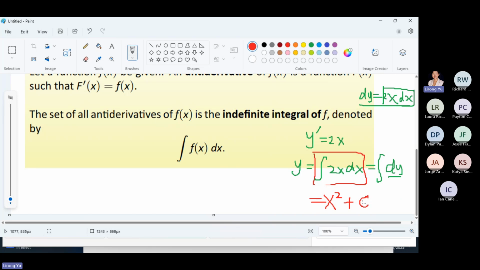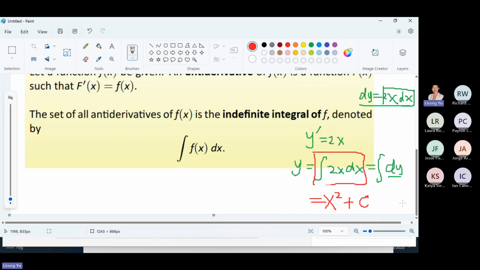This is an indefinite constant, right? Because we know the function that has 2x as derivative must be x squared plus something. We don't know what we're adding because we don't know the actual function behavior. That's also the indefinite part of the integral.